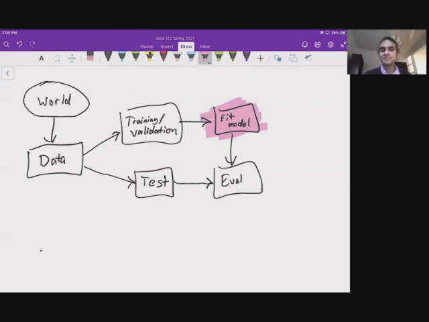A lot of times you can usually see this issue in the training and validation data, and this tends to be because you're underfitting, right? What does underfitting mean? It means that your model has relatively high bias.